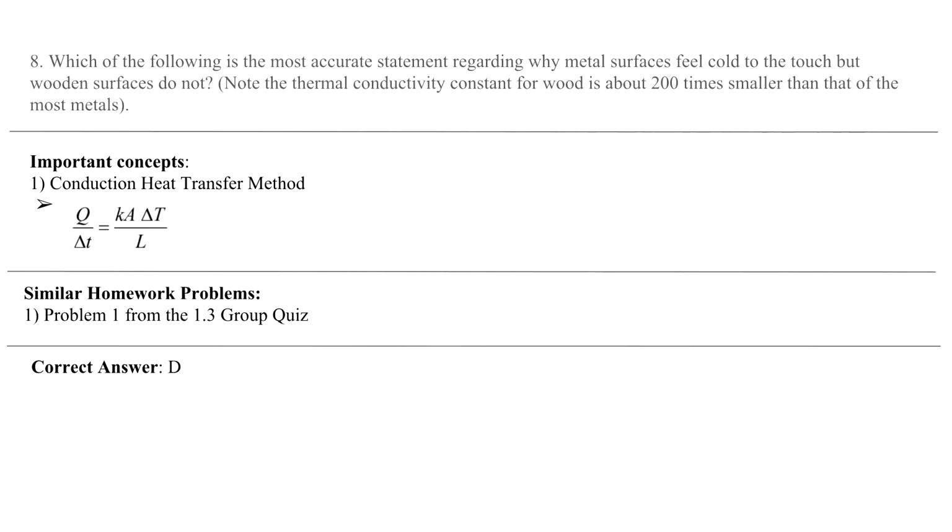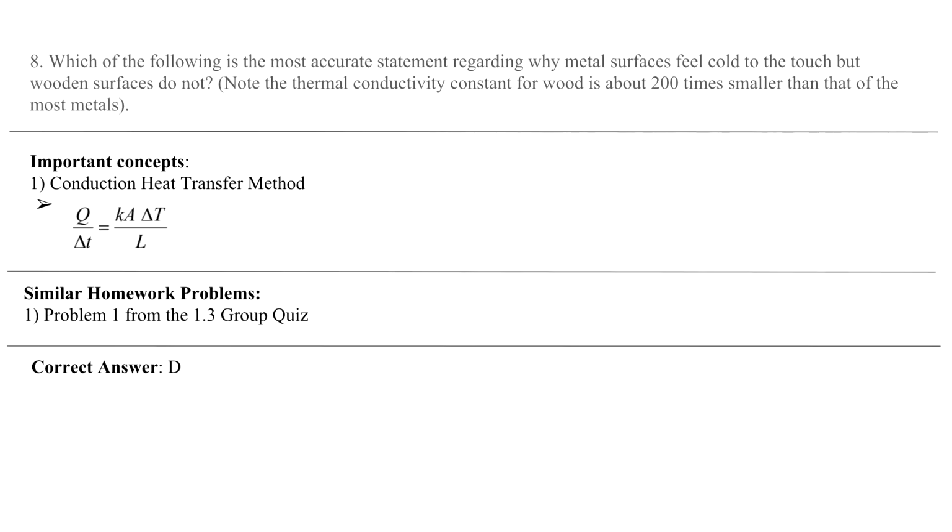So the most important part in solving this problem is knowing the thermal conductivity constant that's basically attached to conduction, the heat transfer method of conduction, which is as shown by the slide.